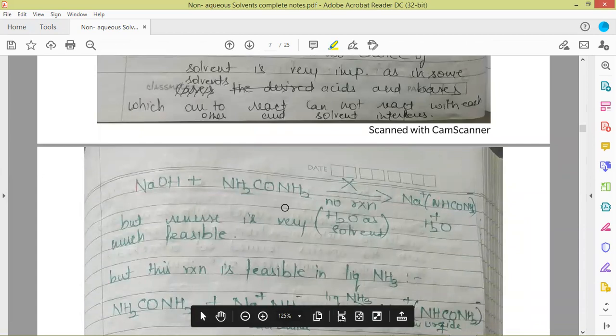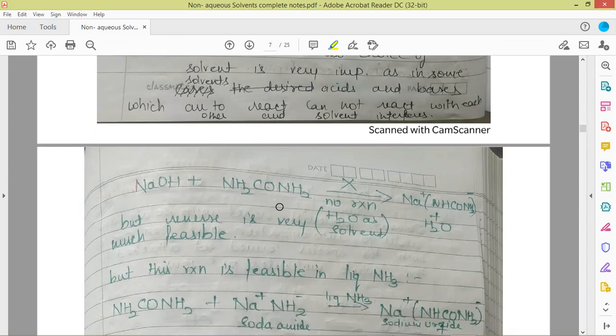We have NaOH and we want to react it with urea. As we all know, urea does not ionize at all in water. It just simply dissolves in water. So here this base is not going to react with urea, and the production of this salt, sodium uride, will not take place when we take water as solvent.